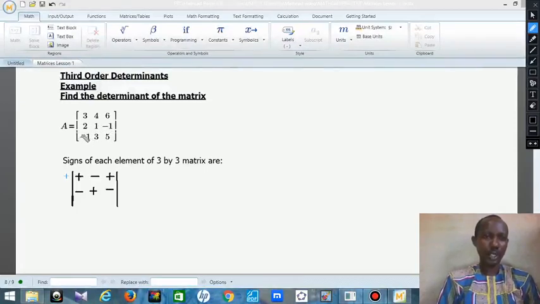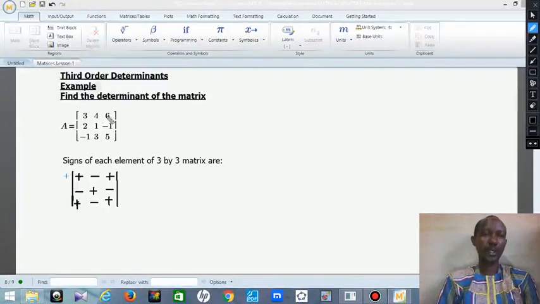Then the last row: the sign attached to this minus 1 is going to be plus. Take note of this, very, very important. Then 3, the sign attached to it is minus, and the sign attached to this 5 is plus. So this is plus, minus, plus, minus, plus, minus, plus, minus, plus.